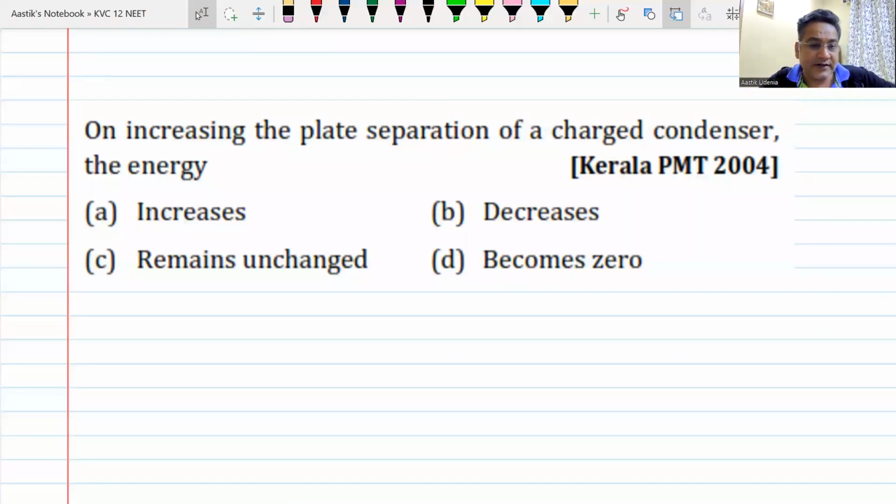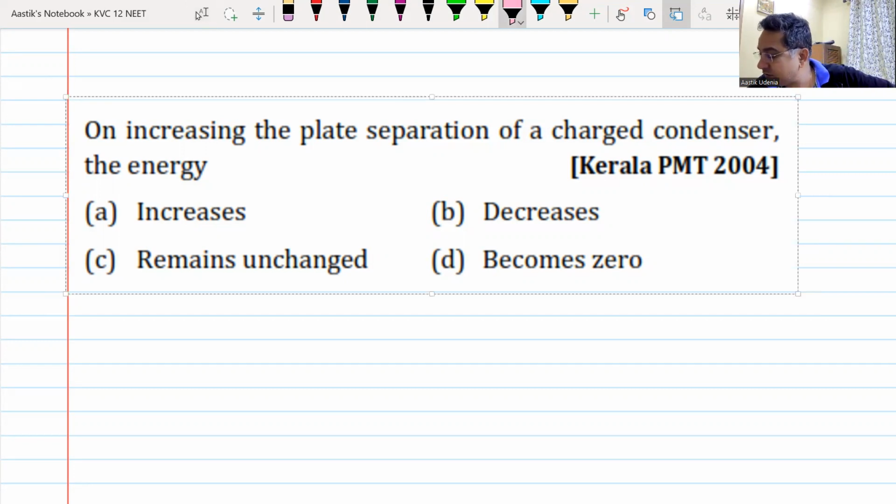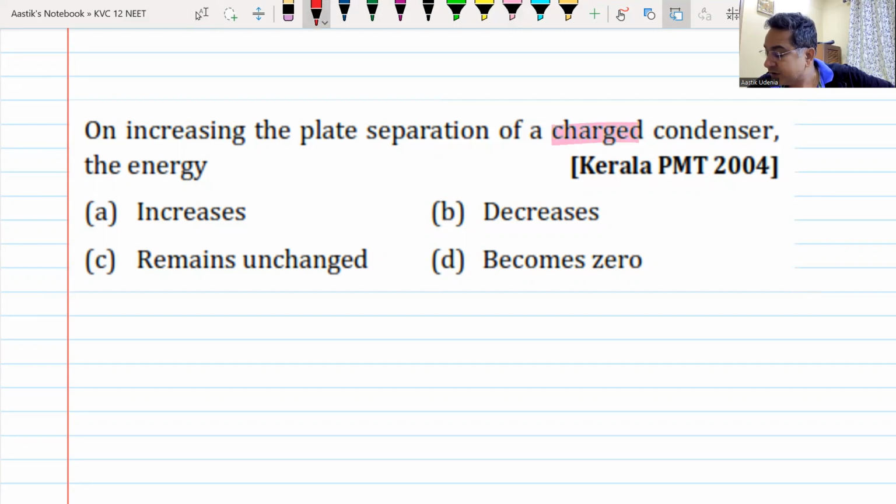On increasing the plate separation of a charged condenser, what happens to the energy? Will this energy decrease or increase? Now, if the conductor is charged, we will always assume that its charge is constant.